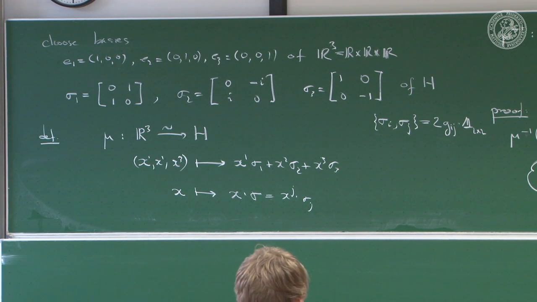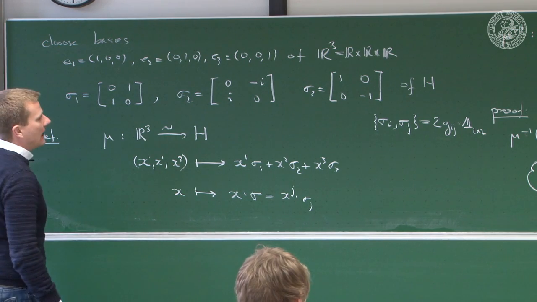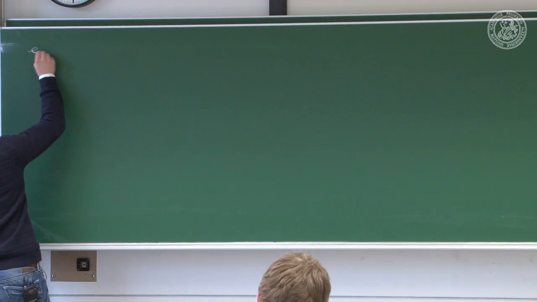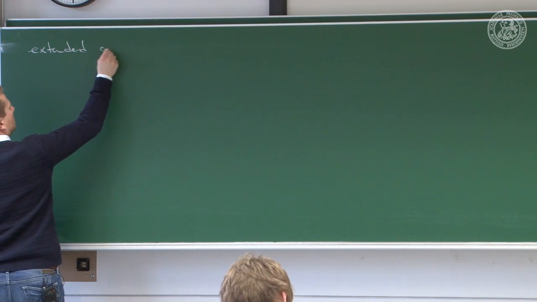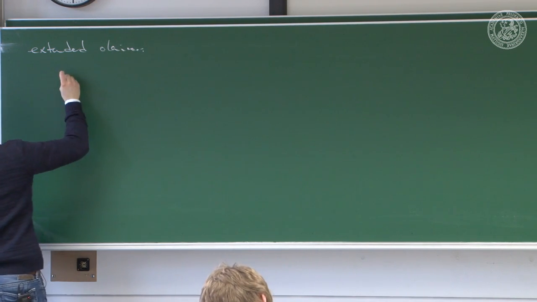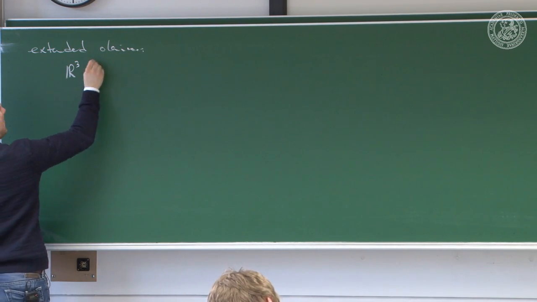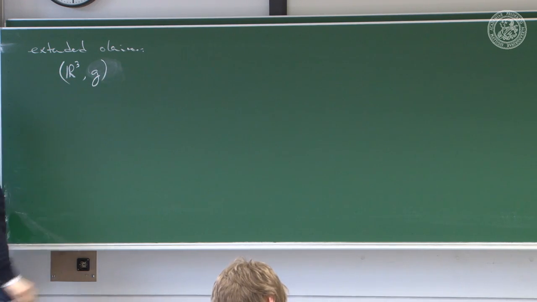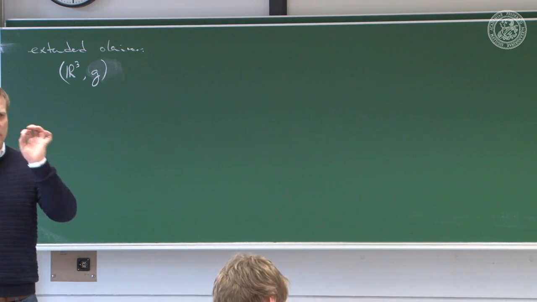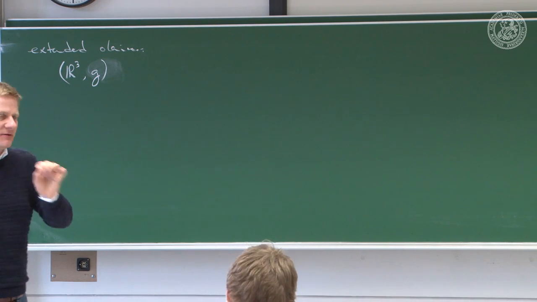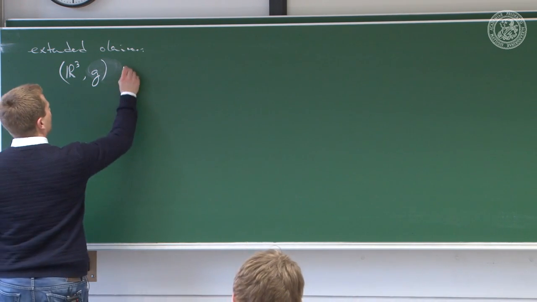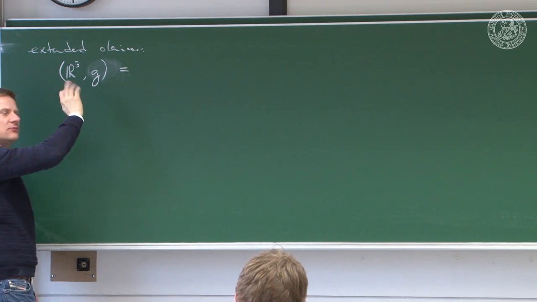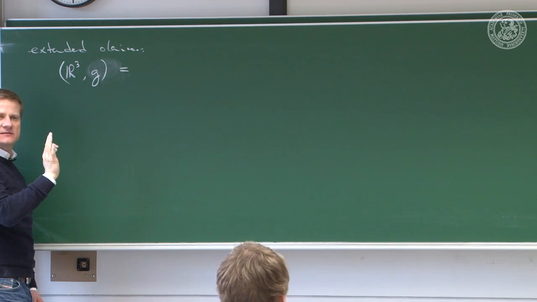Questions so far? Good. So now I made an extended statement. The extended claim is that if I now equip R3 with its standard inner product, which now all the time I called small g, but it's just at one point an inner product on this, it's not a metric field over a manifold R3, it's just an inner product on this vector space, okay?